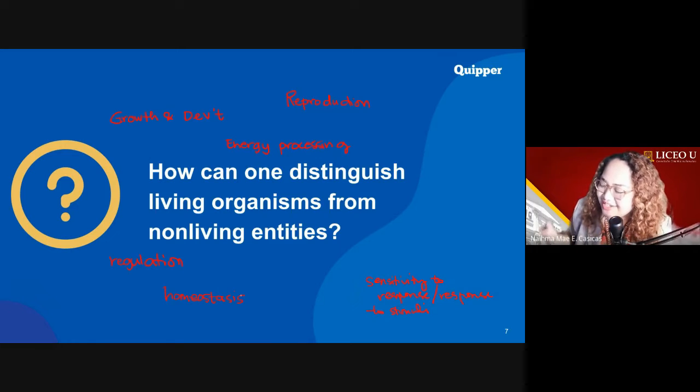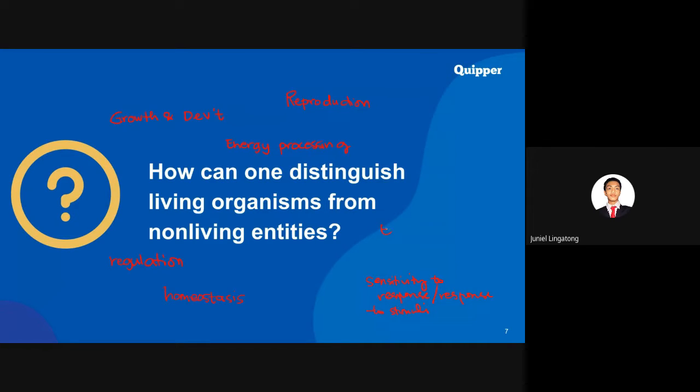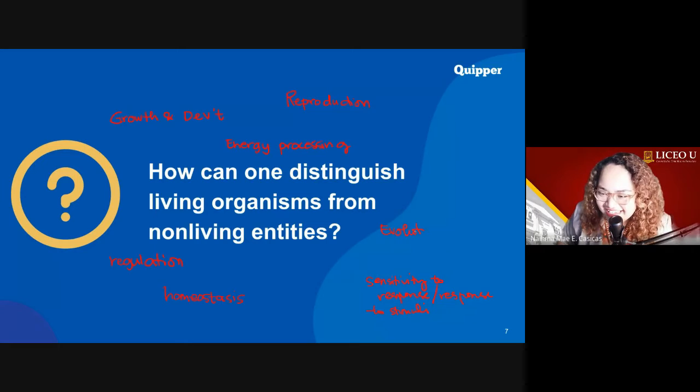What is that characteristic? Like as time goes by, nag-change ang atong body so that we can survive. What characteristic is that? Ryan says revolution. Tangtanga lang ang letter R, Ryan. That is evolution. So that's correct.